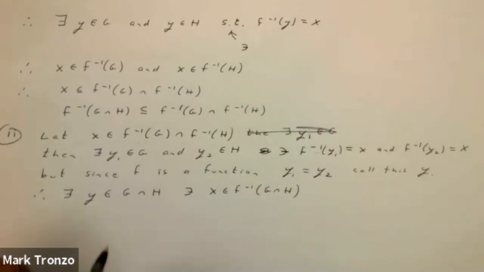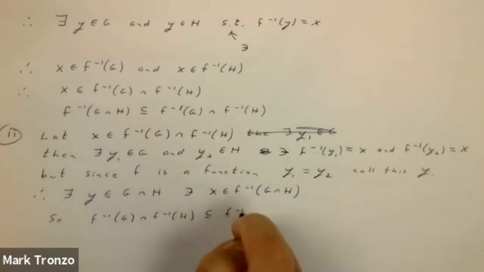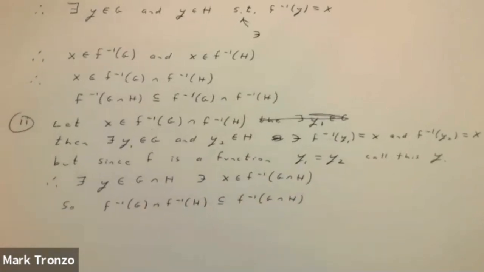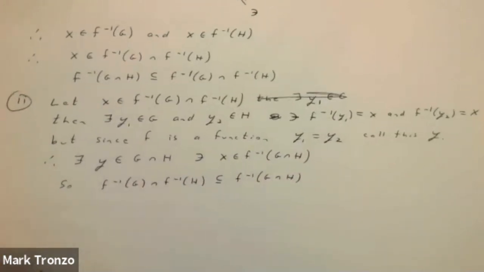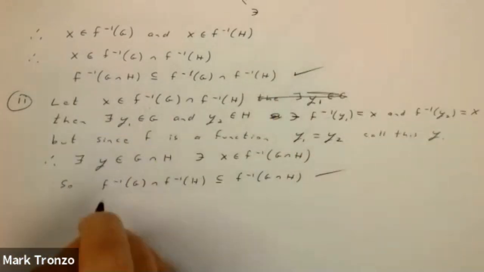And let's see, so what have we shown? So f inverse G intersection f inverse H is a subset of f inverse of G intersection H, like that. And so we proved this one, and we proved this one. So we're done.